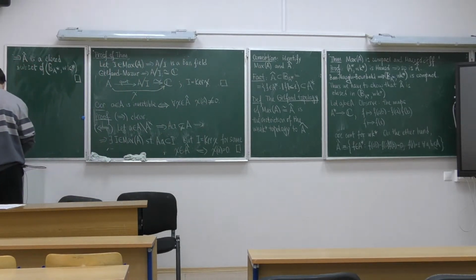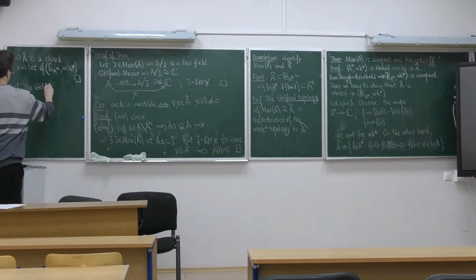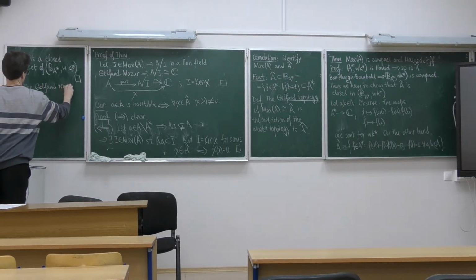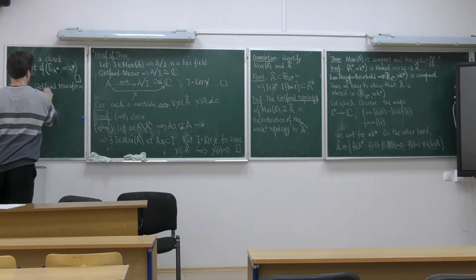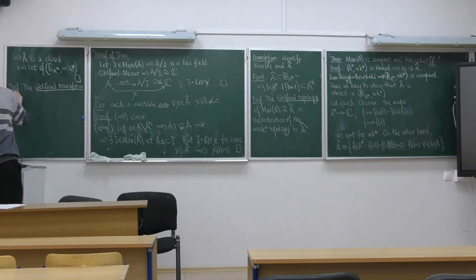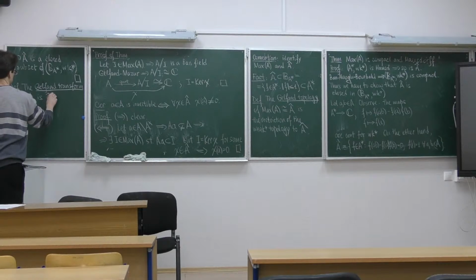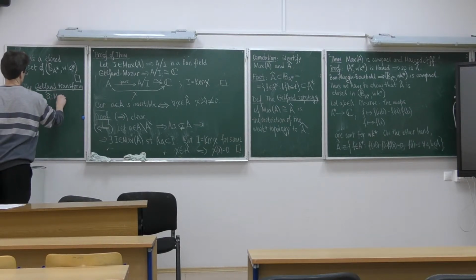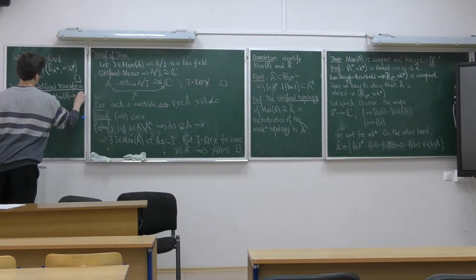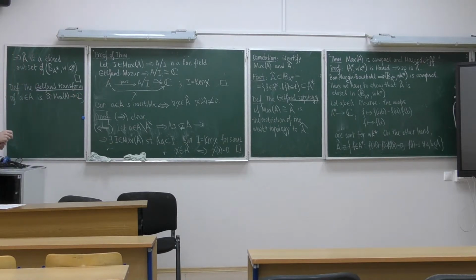First we define the Gelfand transform of an element in A. The Gelfand transform of an element little a in our algebra is a function, a complex valued function a hat on the maximal spectrum, which is given by the following simple formula.